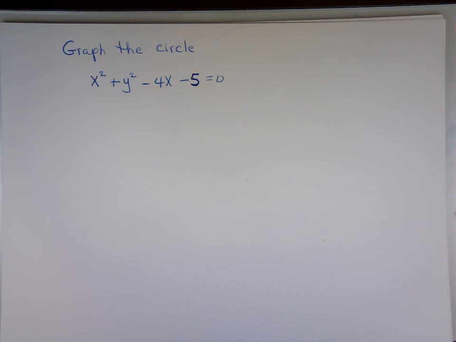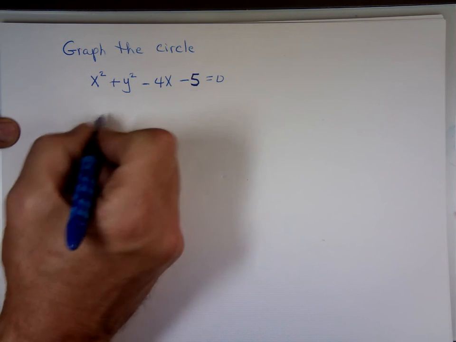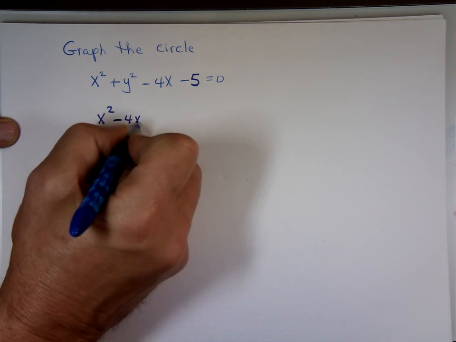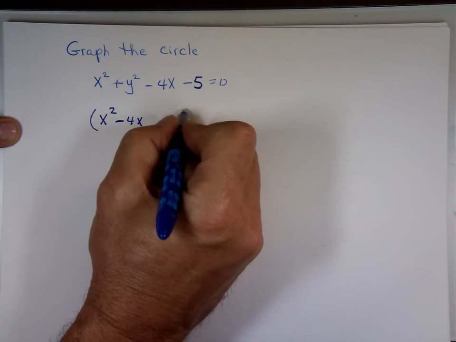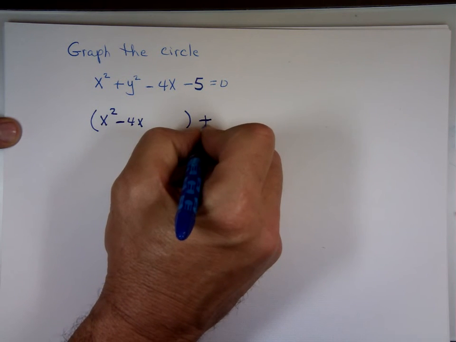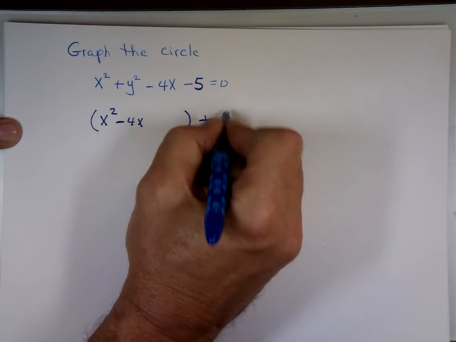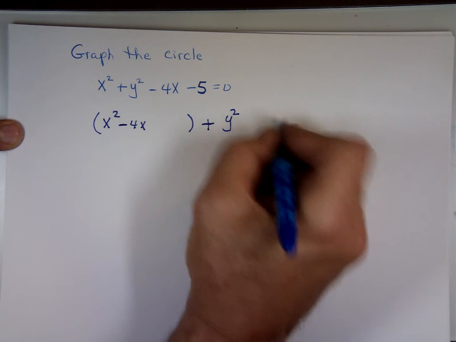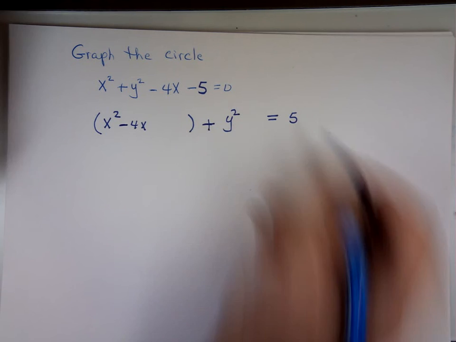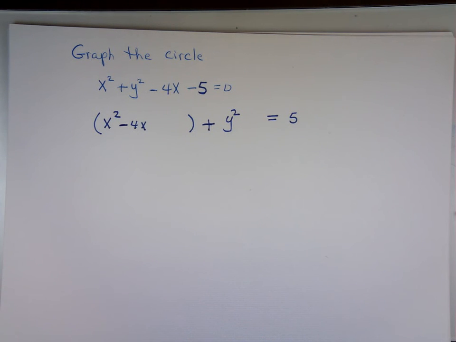So what I'm going to do first, put the x's next to each other, leave a space there, plus here's the y squared. There's nothing to subtract from y. And let me move the negative 5 to the right side, make it what? Positive 5. Now to complete the square, I'm going to take this number and do what with it?